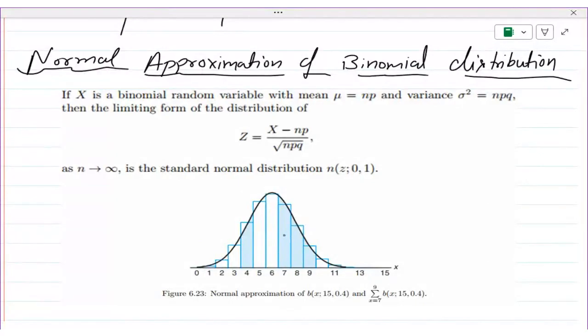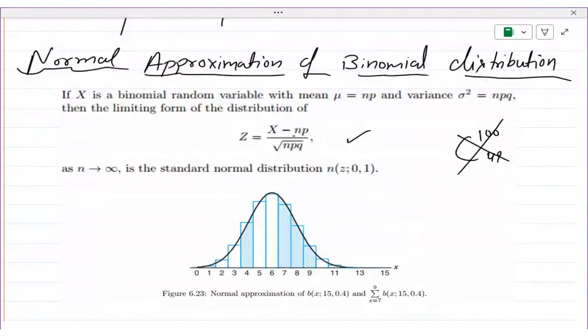If you want to find some probability in the binomial distribution, it is very difficult because, as I told you, if 100 trials are done and you want to know 49 successes, you have to compute 100 C 49, which is very difficult to do. We will see that we don't need to do this because we can do it with the help of normal distribution.